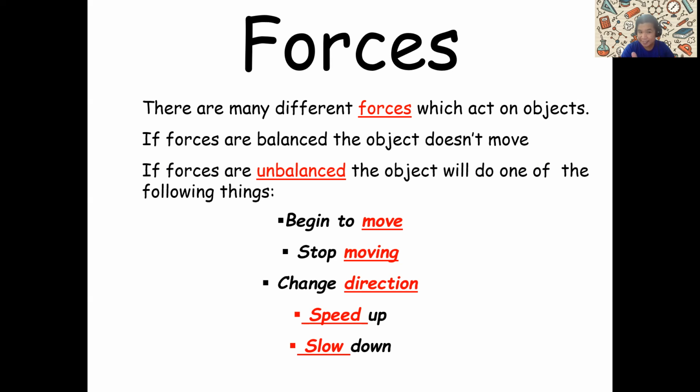The last one is if there's an unbalanced force on an object, sometimes the object will change shape. Like, for example, a piece of paper. Let me find a piece of paper that I can use here. Okay, I have a piece of paper here. Let's say I crumple it.